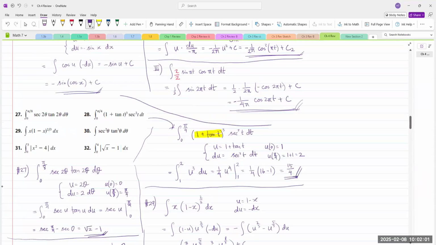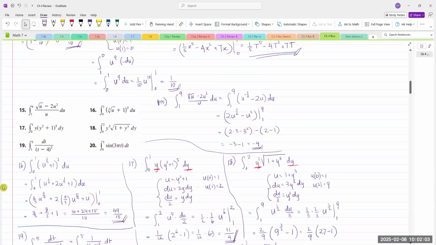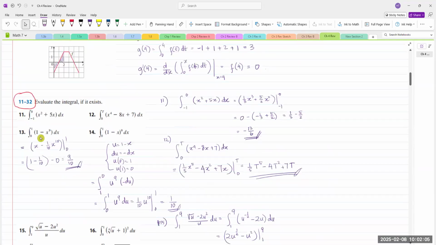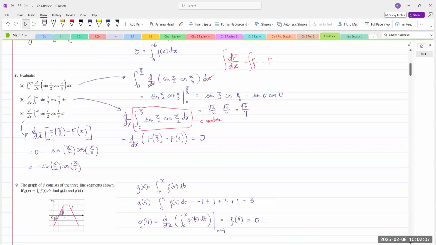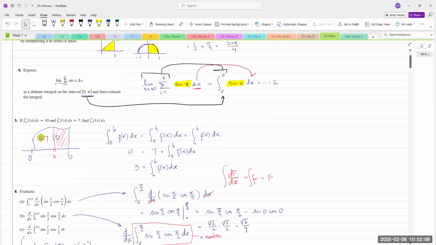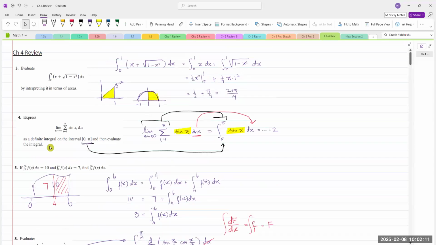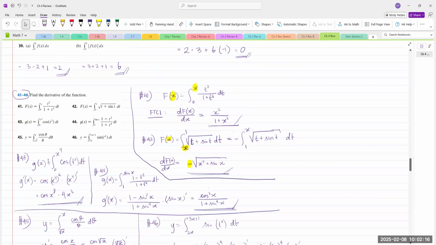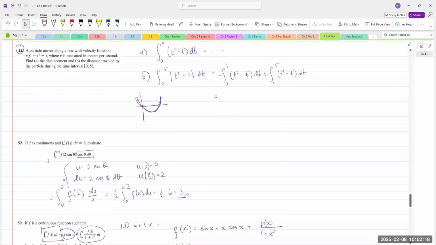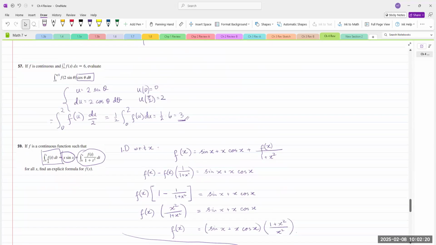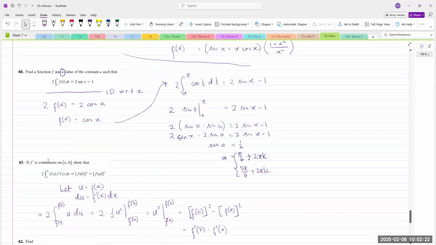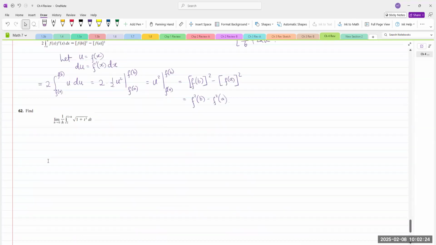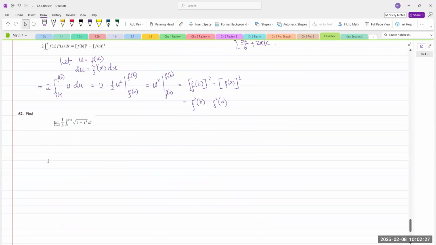And I think I've already mentioned everything from 11 to 32. The ones before this, it's not that I will not ask them, but they're too easy. The main focus of this section is really integration, the fundamental theorem of calculus, and the substitution method. Will I ask a question like number 62? I don't know. But let's think about this.